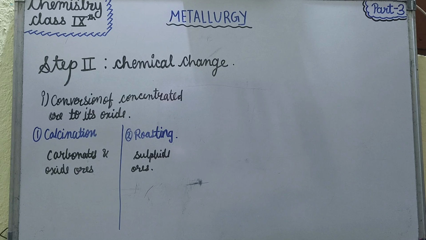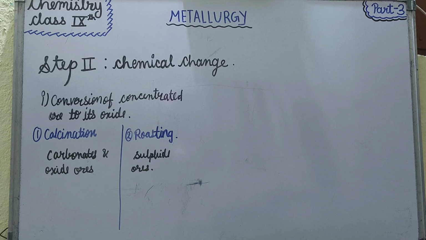And the result is, first, in physical change, volatile impurities and moistures are removed. Second, in chemical change, carbonate ores decompose into their respective oxides. Whereas in roasting, first, physical change, volatile impurities and moistures are removed. And second, chemical change, sulfide ore changes into oxide.